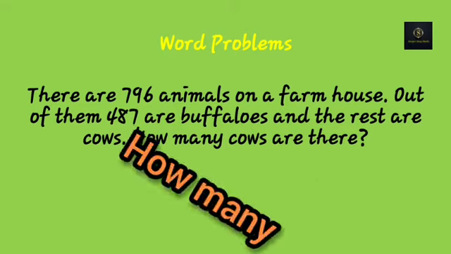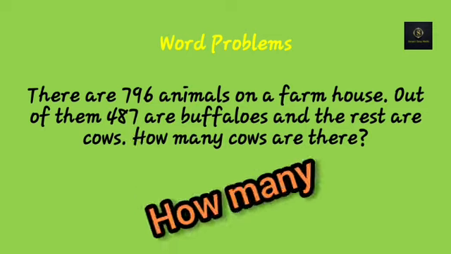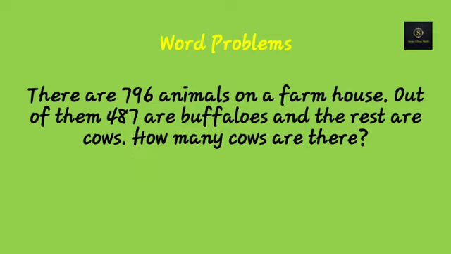So, how many word implies subtraction. So, this word problem is of subtraction. Children, how many digit number is given in the word problem? Yes, 3 digit number. So, we will form a vertical column on the right side and we will write O for ones, T for tens and H for hundreds because here are 3 digit numbers in the question.